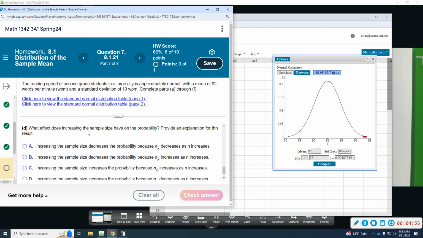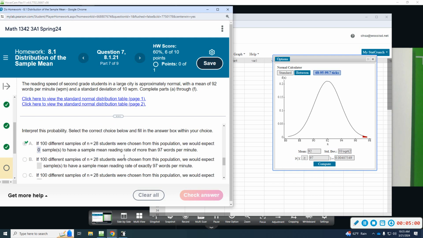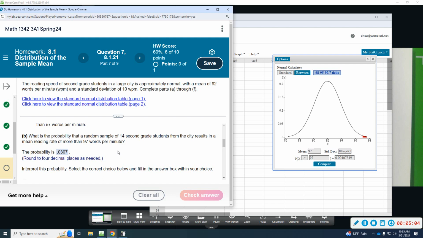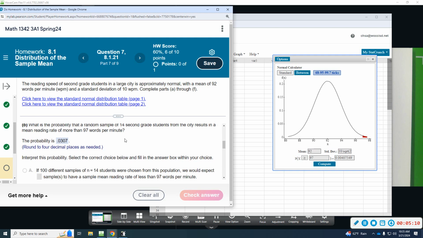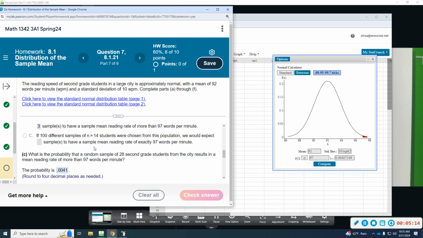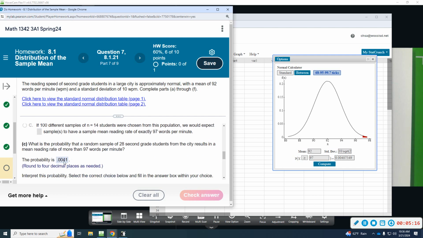What effect does increasing the sample size have on the probability? So as we look at these examples, part B, we had a sample size of 14. Probability was 0.03. When we increased the sample size to 28, our probability went down to 0.004.